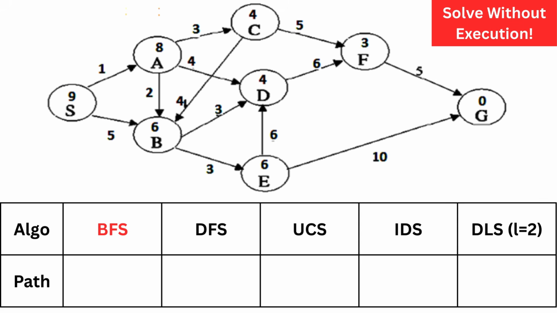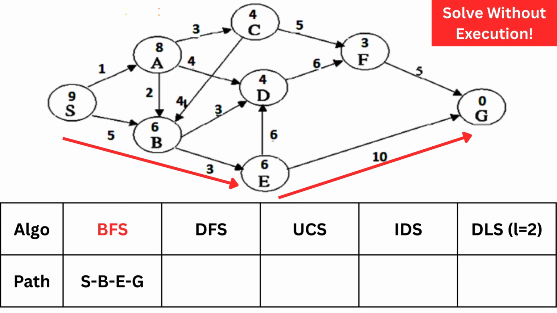Let's start with BFS. So what is the property of BFS? You guessed it right. BFS is an algorithm that brings the optimal path if step cost is 1. So for a moment, assume that the step cost is 1 for all the connections. So which one is the shortest path? S, B, E, G. It has 3 connections.